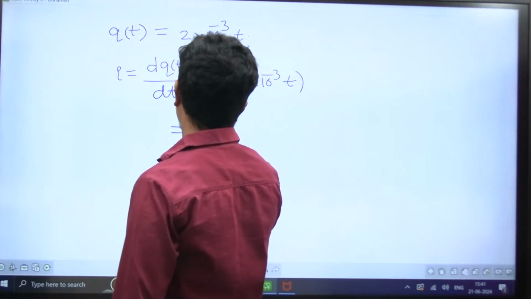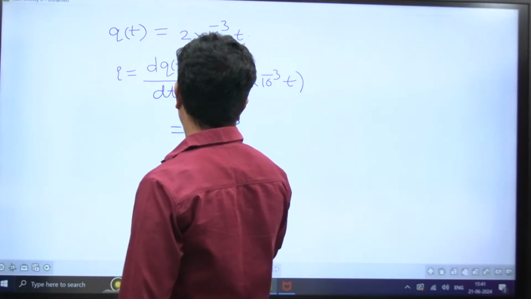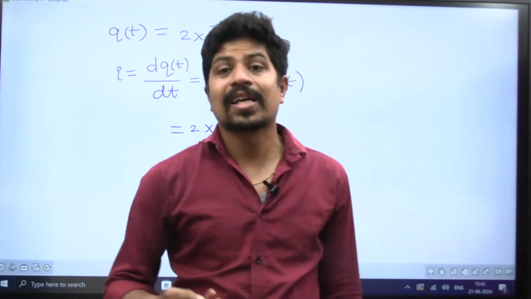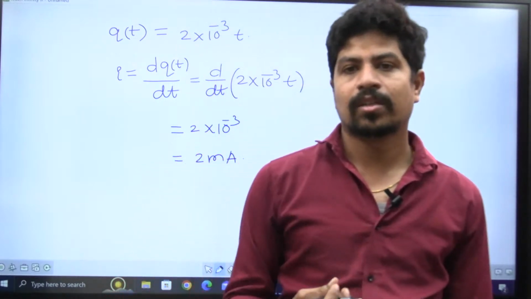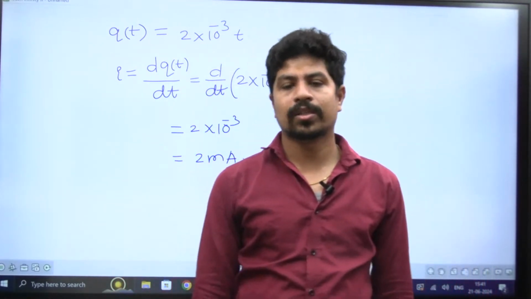So you get 2 into 10 to the power of minus 3, which is simply 2 milliamperes. One thing is applying that formula, second is units of current, third is calculation. These simple things are very, very important.